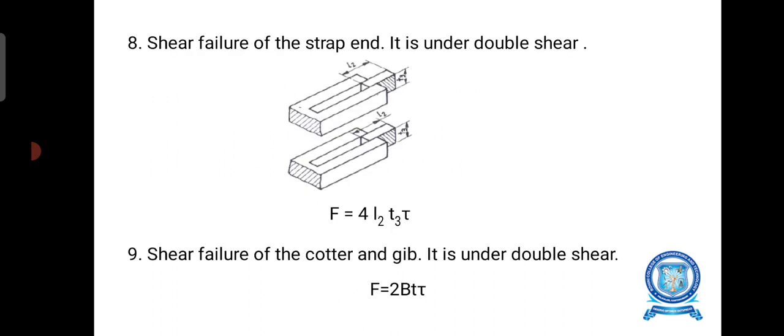Shear failure of the strap end, it is under double shear: F equal to 4 L2 t3 into tau, with L2 and t3 shown in the figure. Shear failure of the cotter and gib, it is under double shear, which means F equal to 2 B t tau.